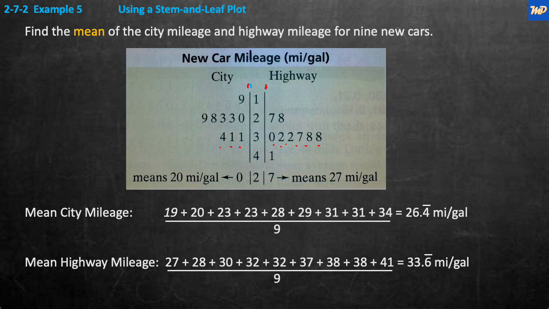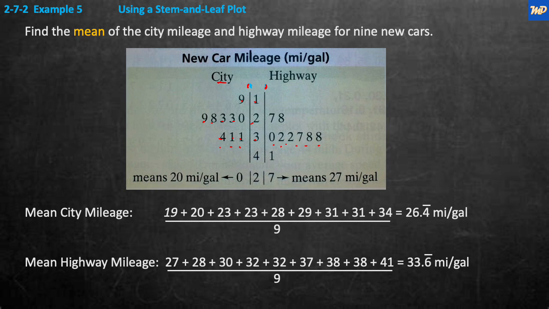Then the next car was a 20 miles per gallon and a 23 miles per gallon, 2 cars with 23, a 28 mile per gallon car and a 29 mile per gallon car. They had a 31 mile per gallon, another 31, and a 34 miles per gallon. Okay, that was the highest for the city driving.